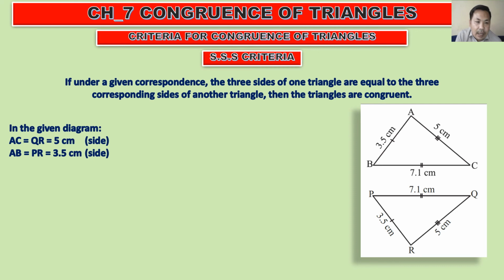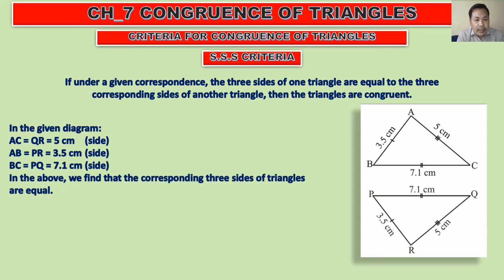Next, AB is equal to PR, which are also equal, 3.5 centimeters each, and they are also corresponding sides. Once again, BC is equal to PQ, which is 7.1 centimeters each. So this is the third side. We can see that all three corresponding sides are equal to one another.